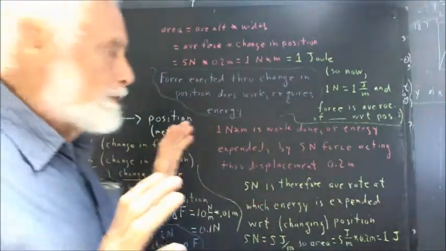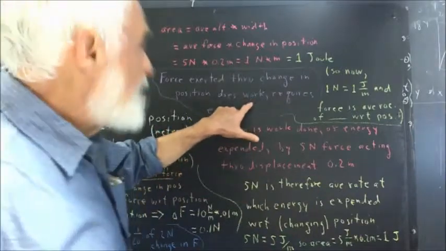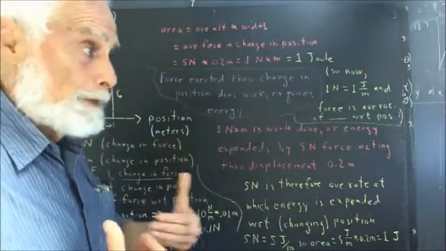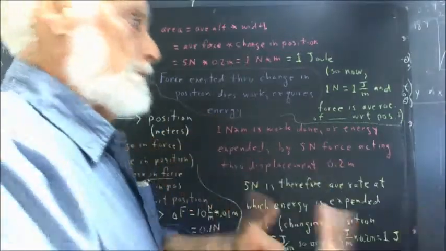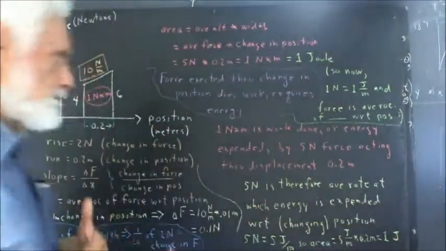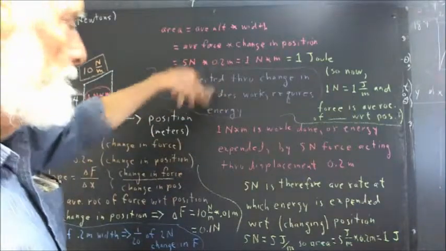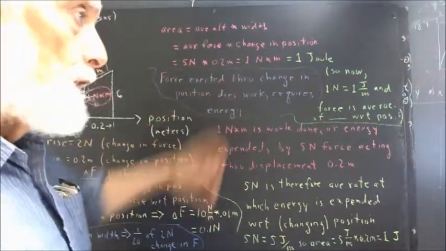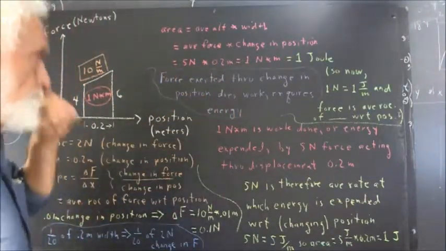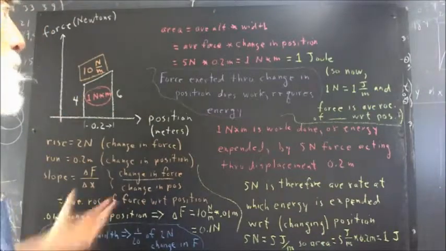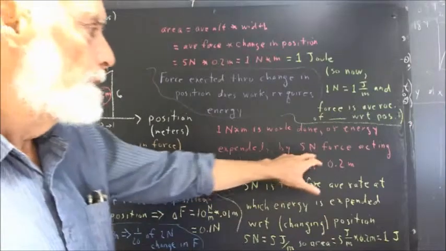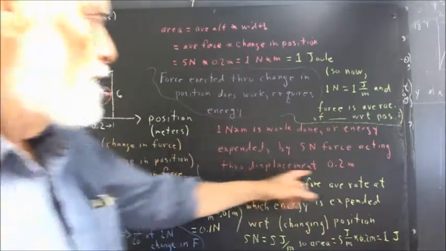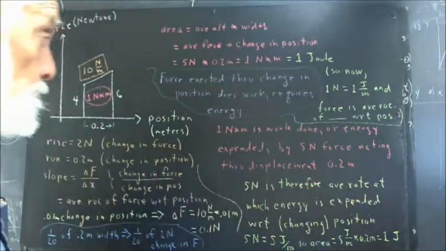So my greater force did more work, I'm going to feel it that way, and requires energy and results in a change in energy within a system. Now that's all pretty vague and needs to be made very specific, but that's the general idea. Now, so we say that this 1 newton meter is the amount of work done or the energy expended by the 5 newton force acting through displacement 0.2 meters.